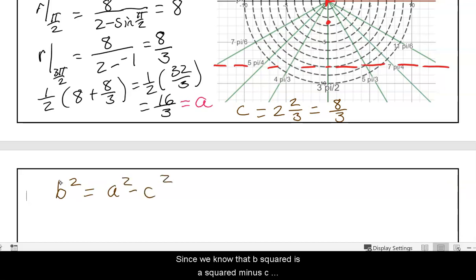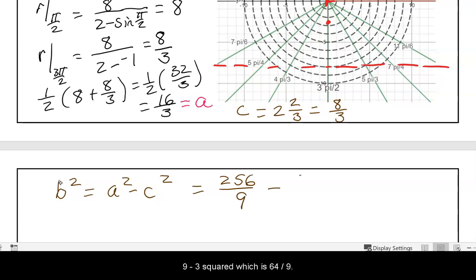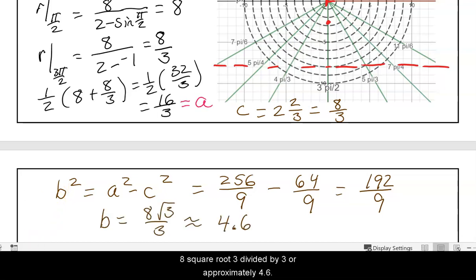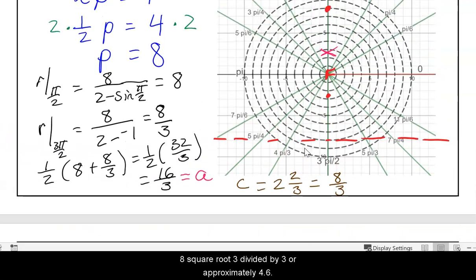Since we know that B squared is A squared minus C squared, and I know that A is 16/3, that will give me 256 divided by 9 minus C squared, which is 64 divided by 9. If you do the math, you should eventually end up with 192 divided by 9 for B squared. That makes B equal to 8 square roots of 3 divided by 3, or approximately 4.6.